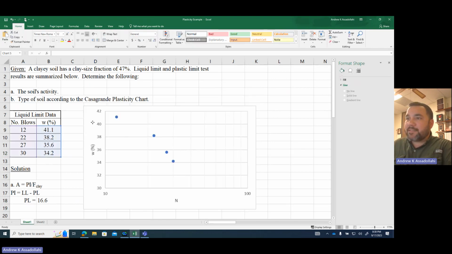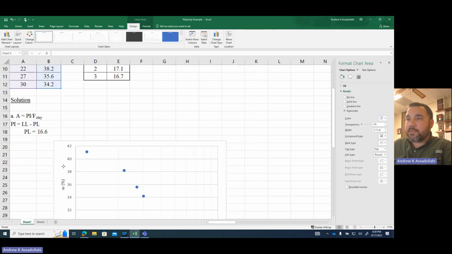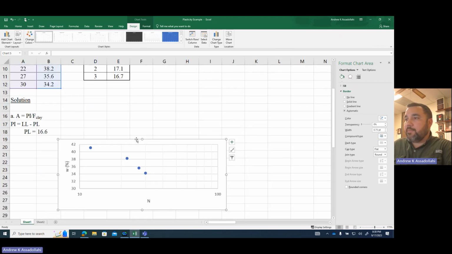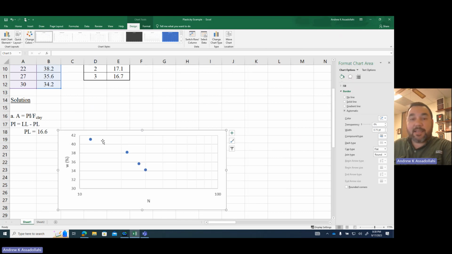So the best fit line, let's move this around a little bit so we can see it better. The best fit line through this data will give us the flow curve. Now, if you were taking a paper exam or a computer exam, even on the FE exam, whenever you have the graphical representation of the flow curve, you're likely going to have to eyeball it and read the information out visually.